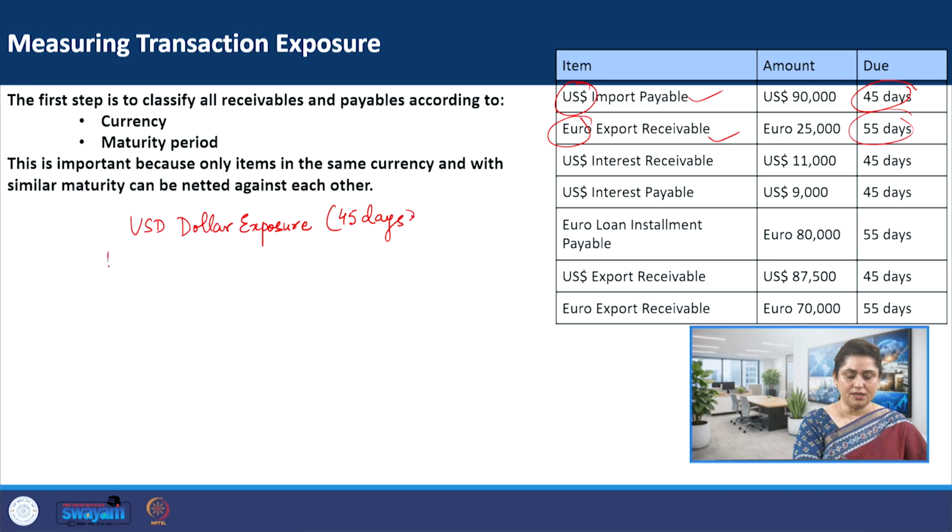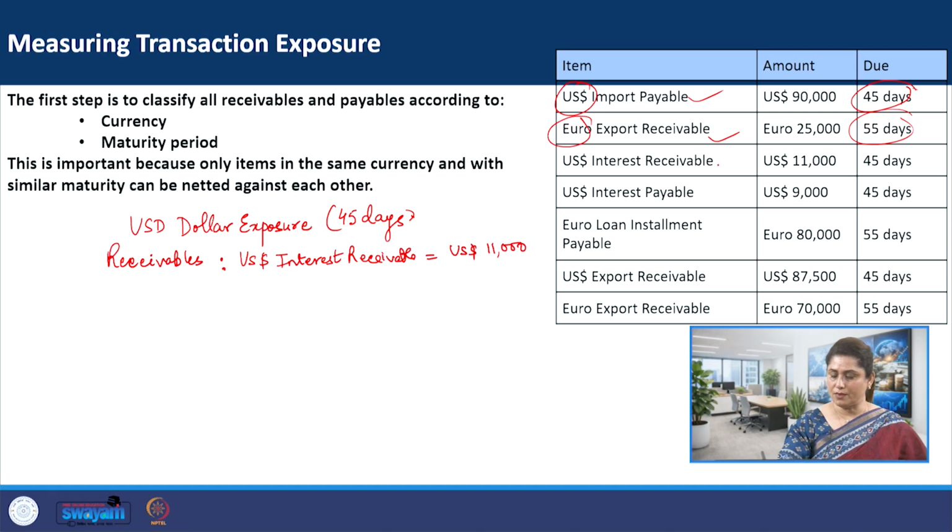So we will first see how much receivables we are getting. The receivables we are getting are in the form of US dollar interest receivable, which is US dollar 11,000. We also have a US export receivable, which is 87,500 US dollar.